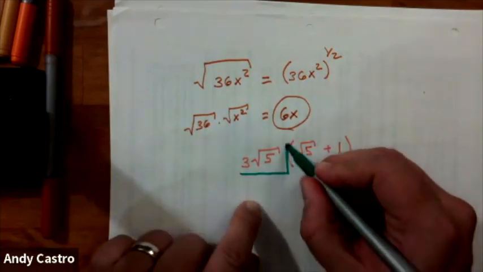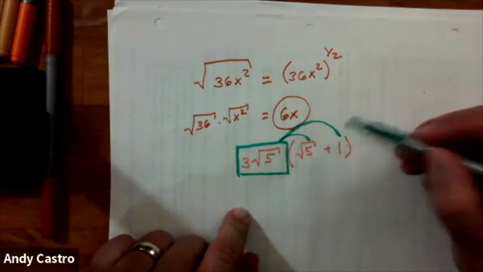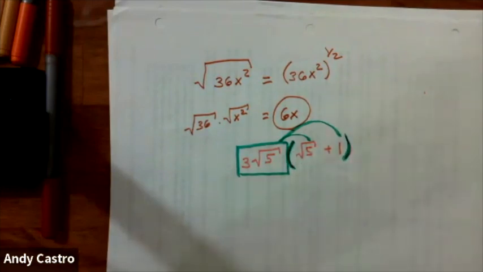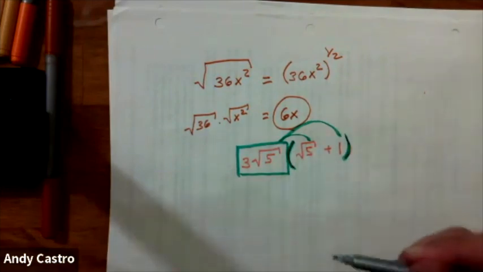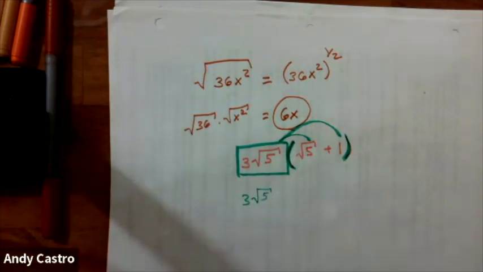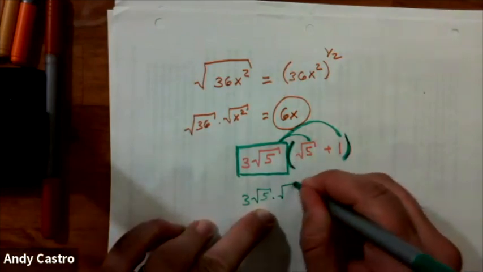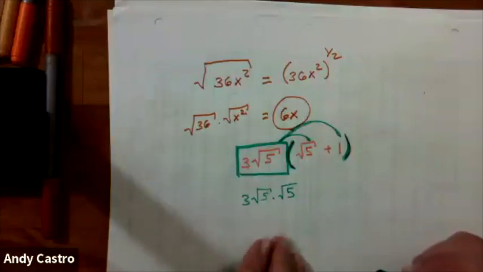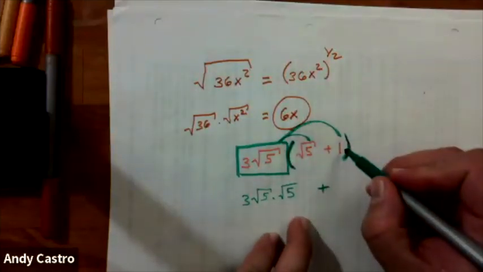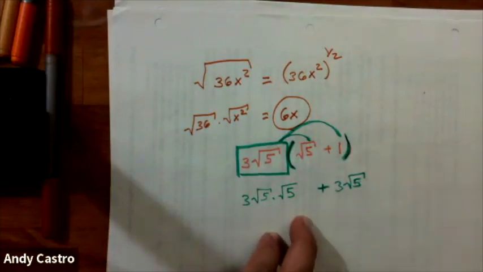We have 3 times the square root of 5, and I'm going to go ahead and distribute this into this quantity because I have parentheses here. Okay? So 3 times the square root of 5 times the square root of 5. Right? Plus 3 times the square root of 5 times 1. So 3 times the square root of 5.